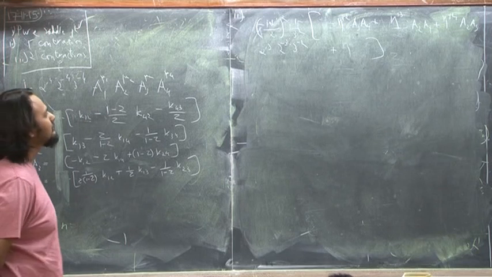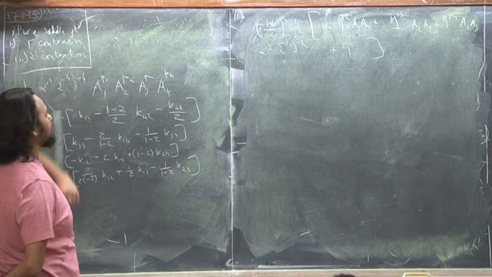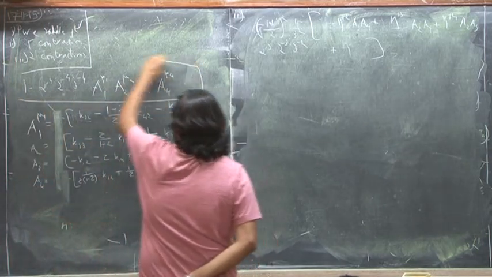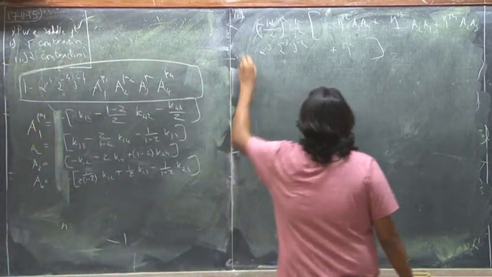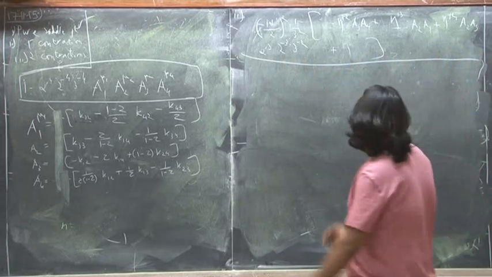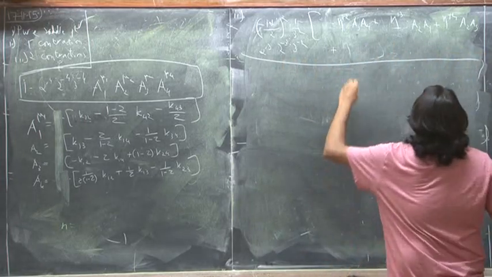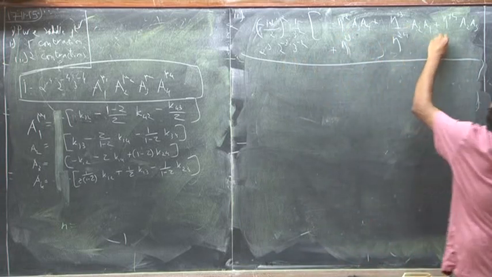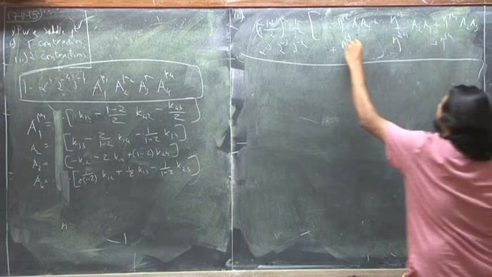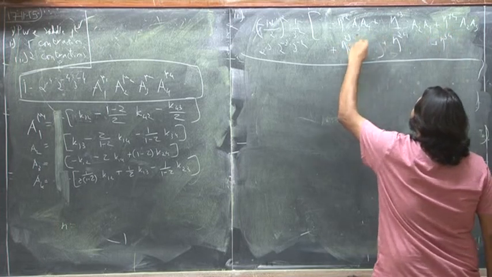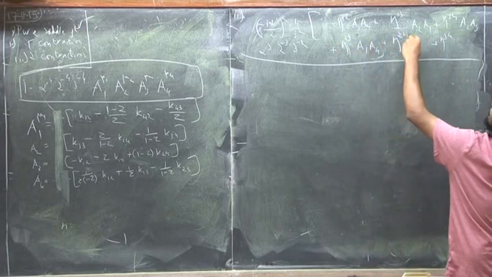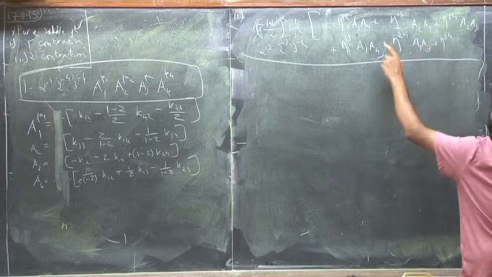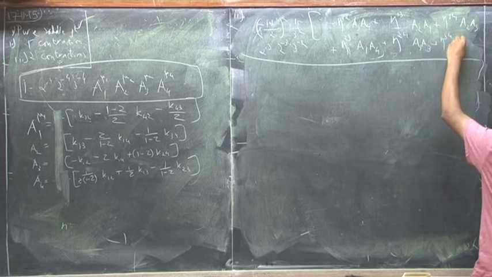Now, so this is all the one contraction terms. So that's 2. There's 1 here. This is 2. Okay. I should write theta 2 3 theta 4, A1 A4, A3, A1.